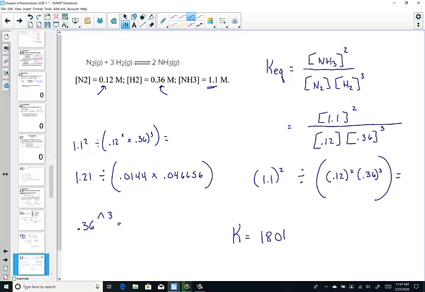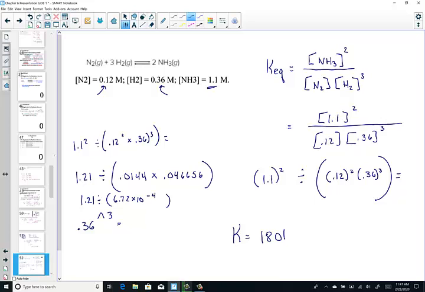And now I have that 0.36 cubed as 0.046656. Now I could say, just to keep simplifying, just to show the algebra, just in case you're unsure, I don't mind over-explaining. 0.0144 times 0.046656 inside the parentheses now is 6.718, I'll round a little bit, times 10 to the negative 4th power.